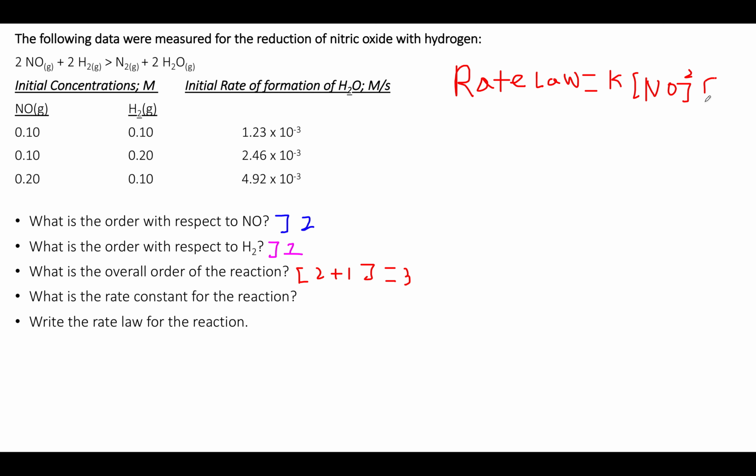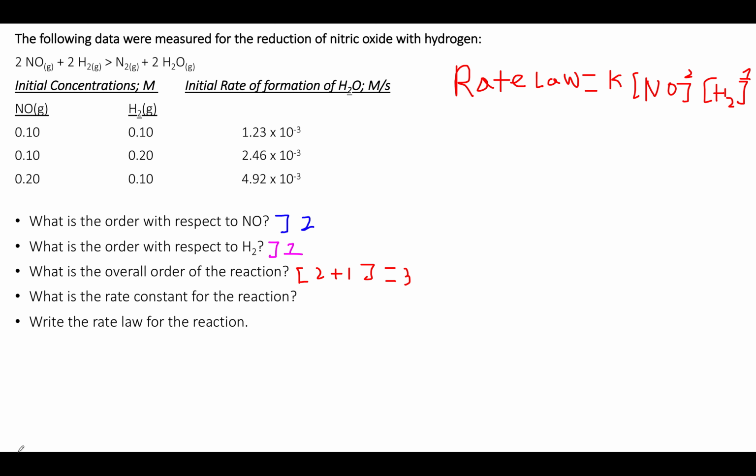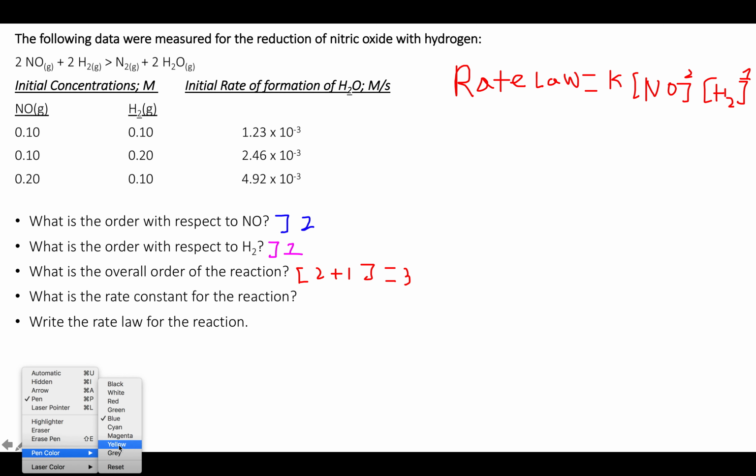And the order with respect to hydrogen gas is 1. So what can I do here to find K? Well, I can just use a line of data, plug in what I know, and just solve for k. So let's do that. It doesn't matter what line of data I choose. You should get the same number. So I'll use gray here.